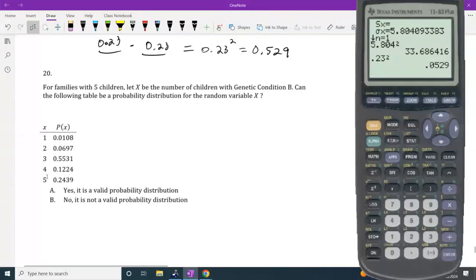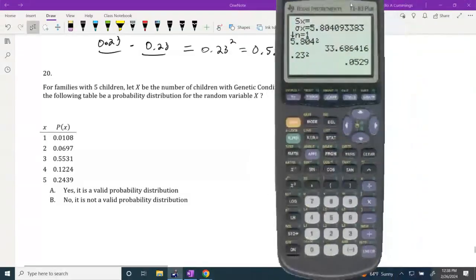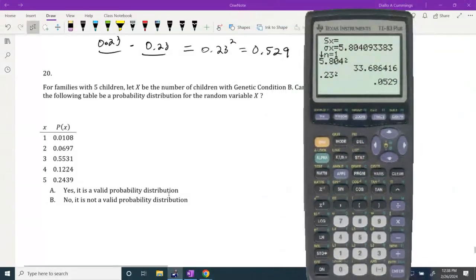We have to add up all of the probabilities, and if it totals to 1, then we have a valid probability distribution. If it's something less than 1, we're going over. The answer is going to be yes, because if you add up all those numbers together, you should get exactly 1. So that makes that a valid probability distribution.